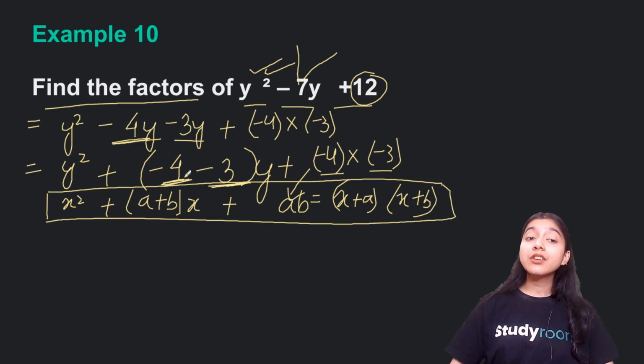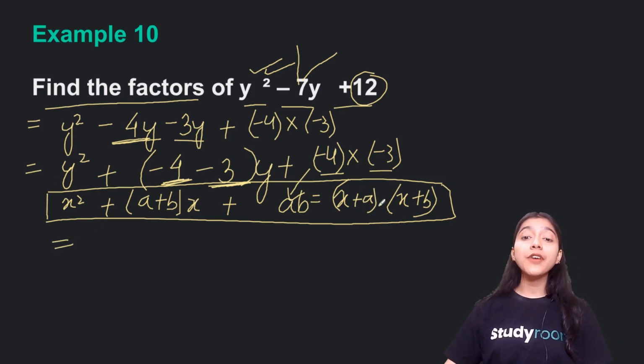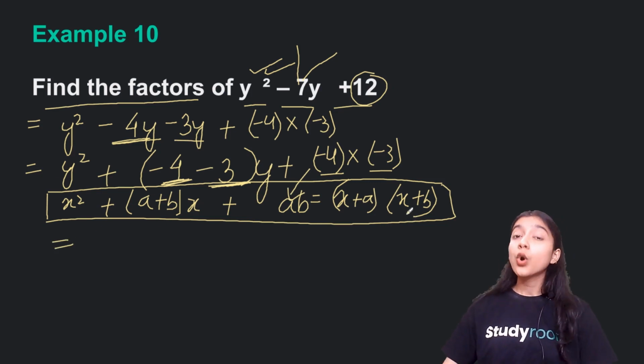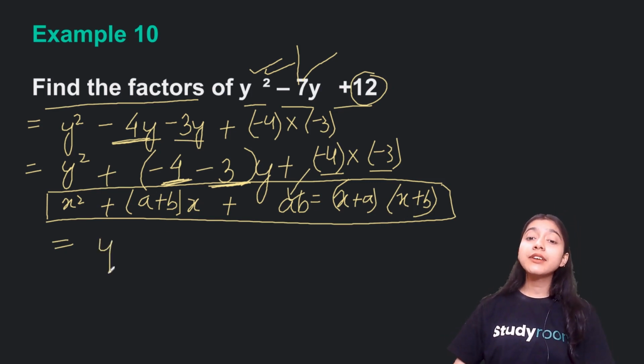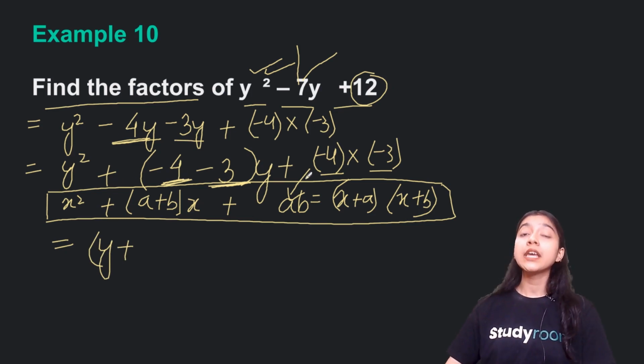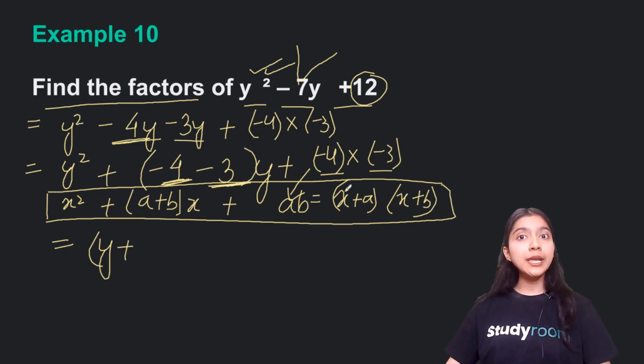And thus we can write this identity in the form of x plus a and x plus b. How? Over here x is y. We don't have x, we have y. So we'll write y plus a and y plus b, because y square plus of a plus b of y plus of ab will give us y plus a multiplied with y plus b.